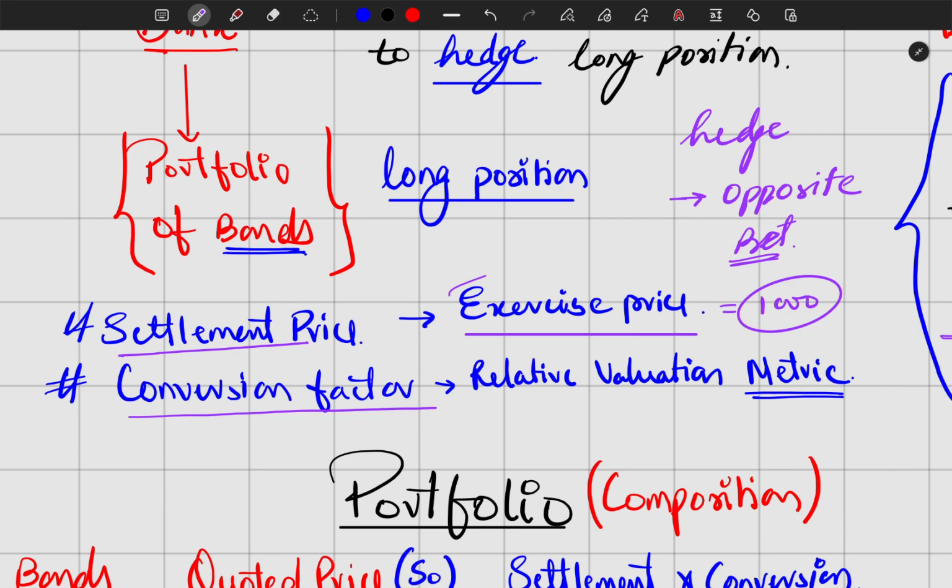That's why I equate it to a relative valuation metric for the bond. It is based on various factors on which a bond can be evaluated, and in order to help the bank settle this contract, a conversion factor is calculated.